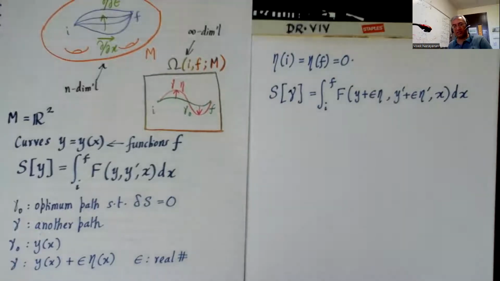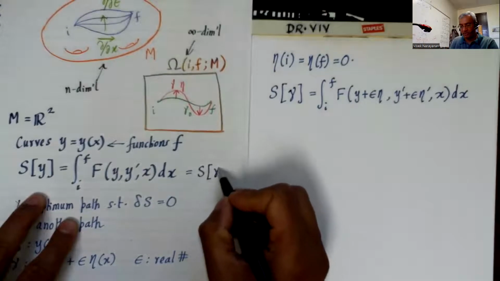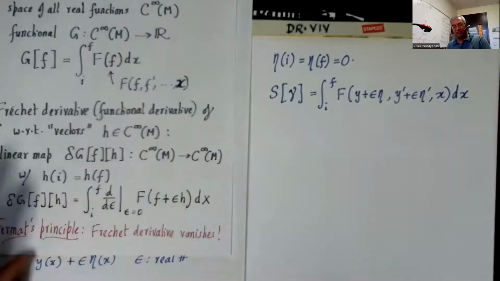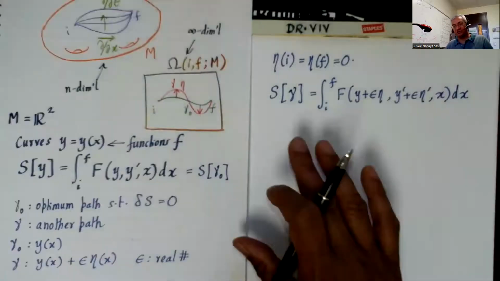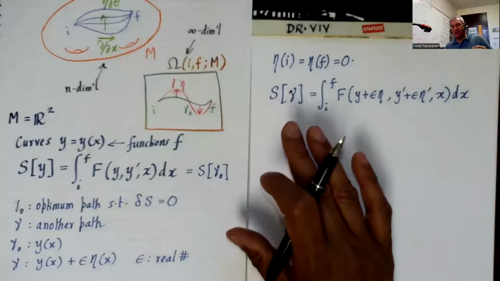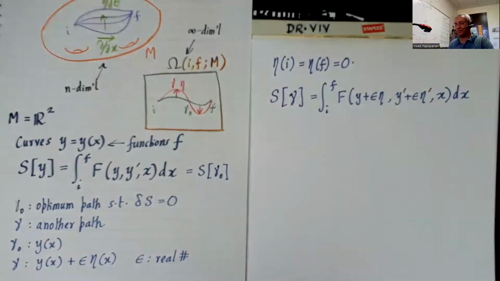So this one here is S of gamma naught, and that's S of gamma. Now, the Fermat principle is the Frechet derivative vanishes. Another way of saying that is small variations in the functional from the sought path will have zero variation.